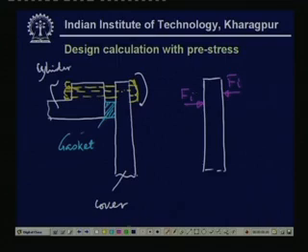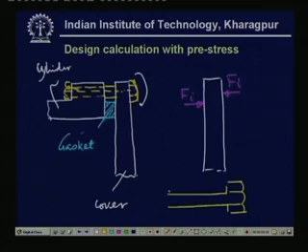So if you draw the free body diagram of the bolt, there is F initial and F initial over here. So this causes initial tension. Now this tensile force is again increased if we apply external load here. So now we apply F external on this cover plate and see what happens.